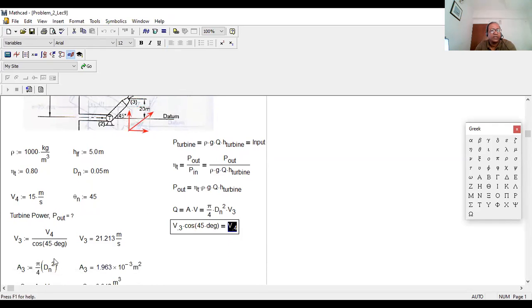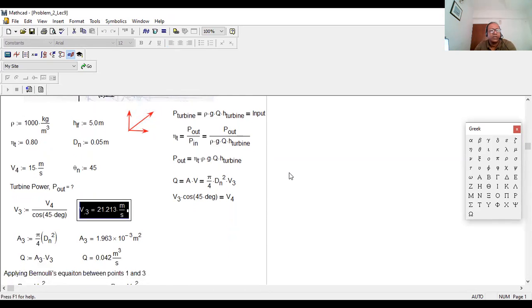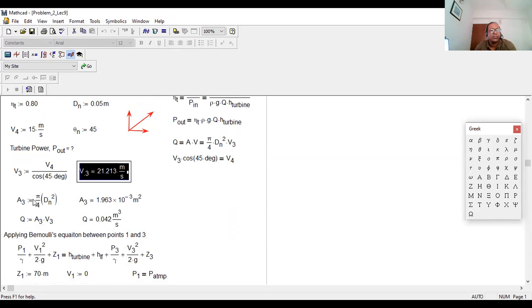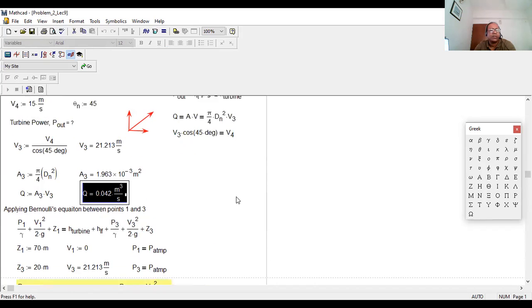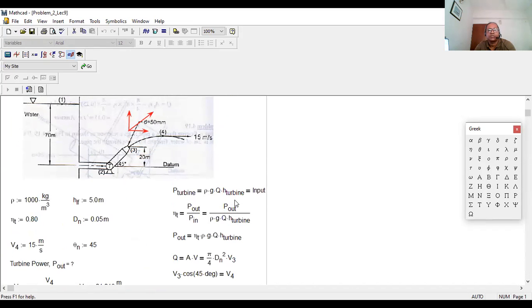So from there you figure out V3. V4 by cos 45, you get 21 meter per second. Now you figure out the area of the nozzle, pi by 4 dn square. Nozzle diameter is given, so you get the area. From the area, you figure out the Q. Now you need to apply Bernoulli's equation.